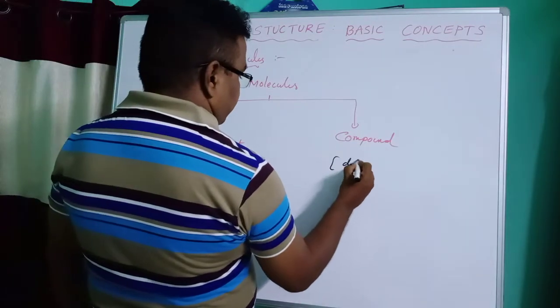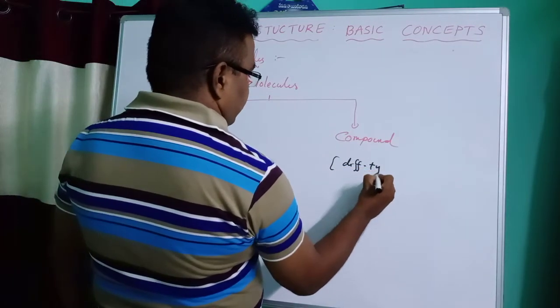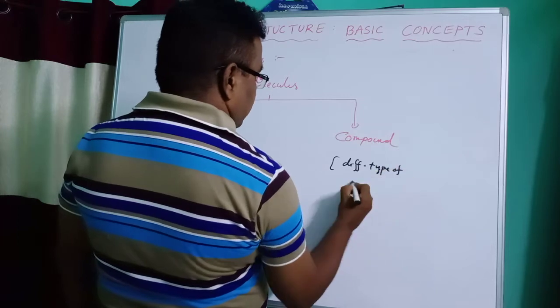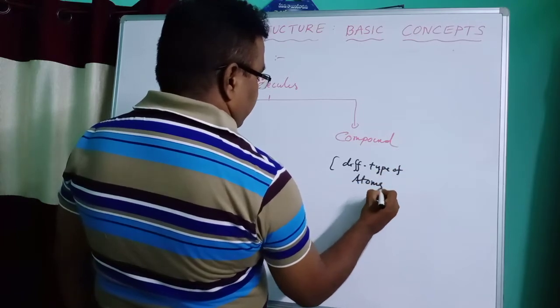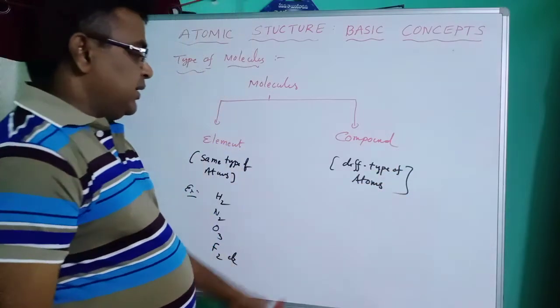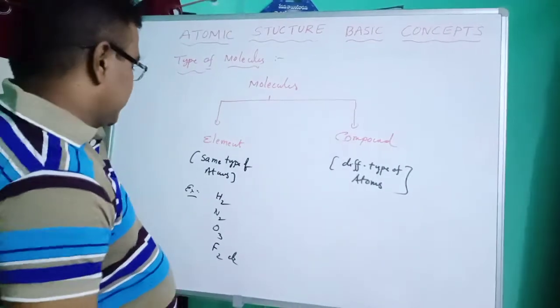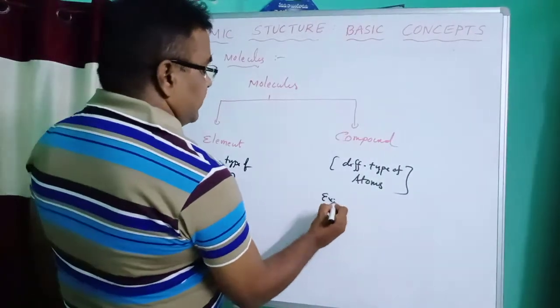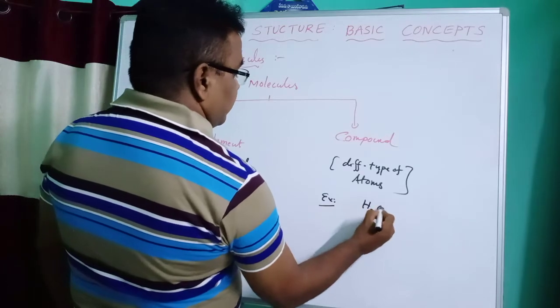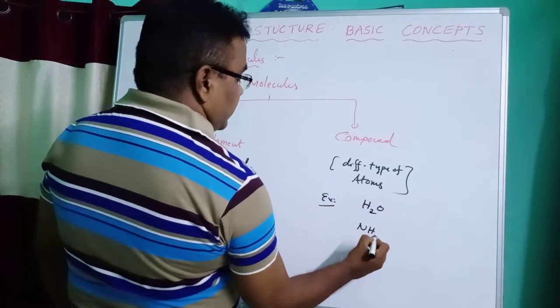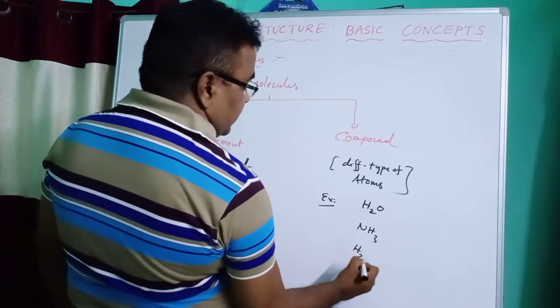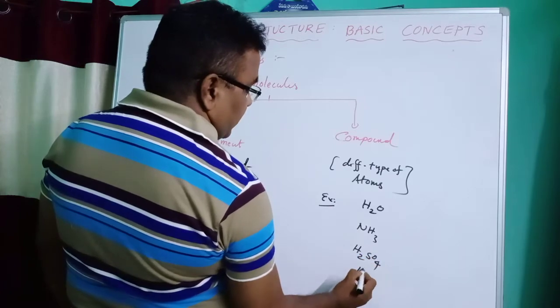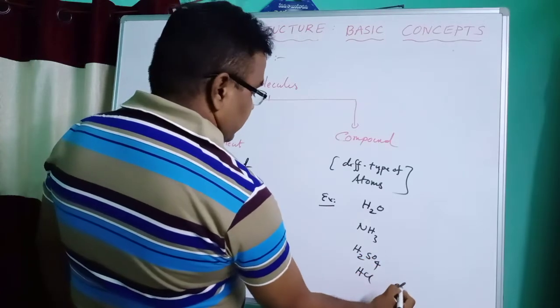When different types of atoms combine, the product is known as a compound. So here example is H2O water, ammonia NH3, sulfuric acid H2SO4, HCl hydrochloric acid, etc.